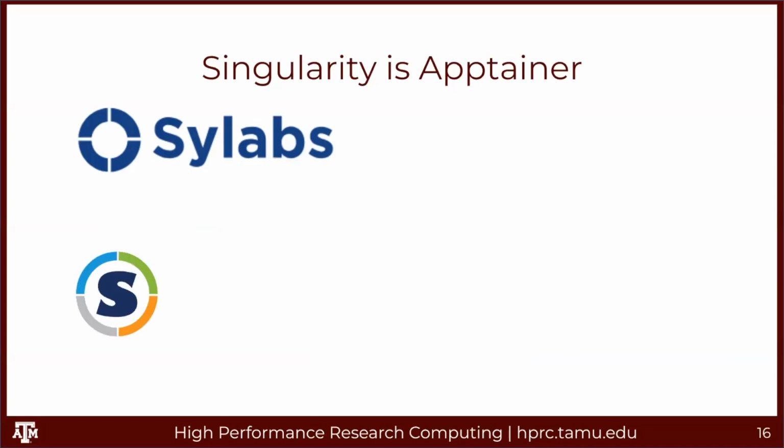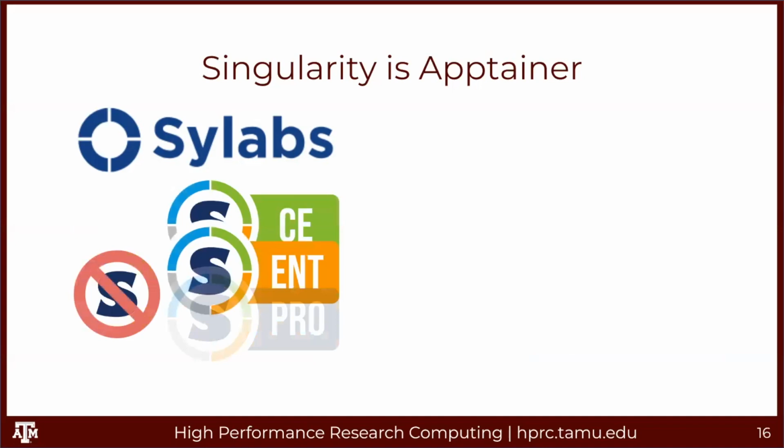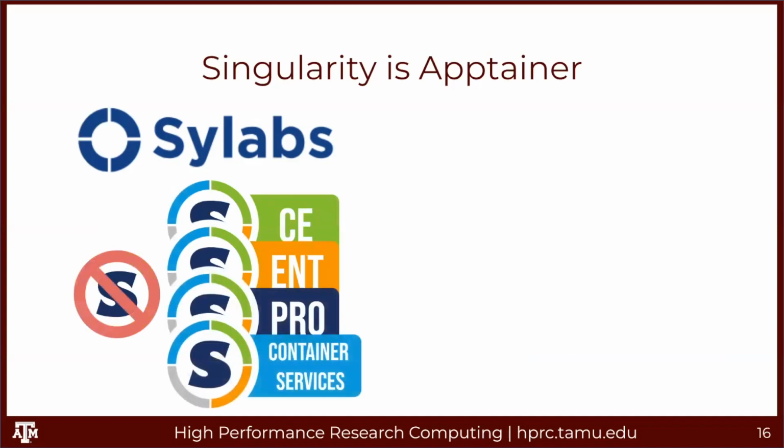But no, that's a bad business model. Instead, let's have tiers: the free version, the enterprise, the pro, the container services, for even more possibility for revenue. If you're a company that wants to do a lot with containers, you probably do want to pay Sylabs for their services, which I assume are high quality services.